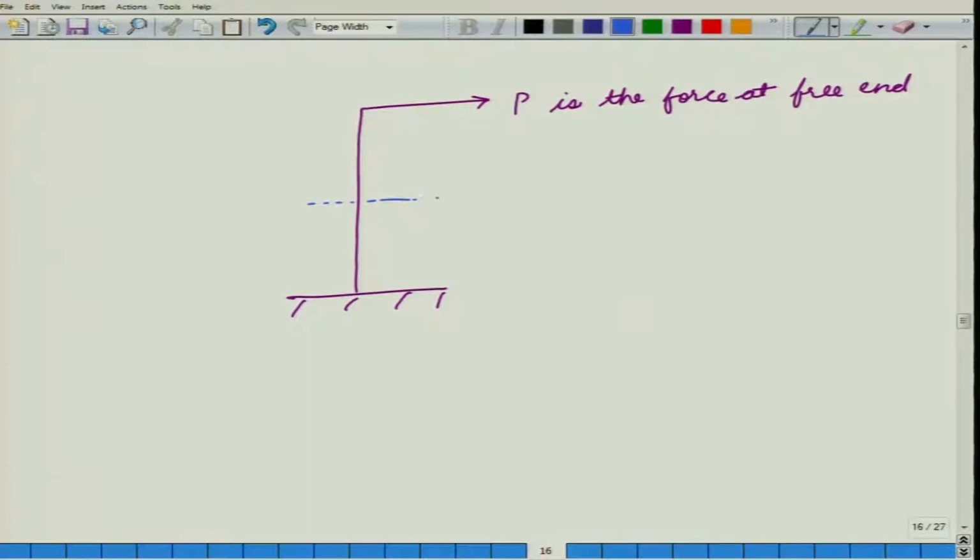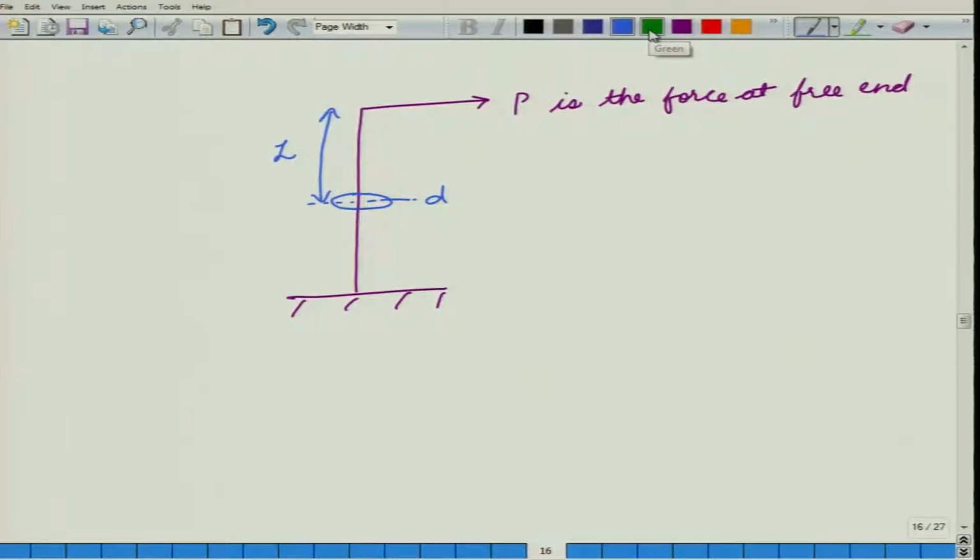Here the diameter is d and this point is at a length L from the top. Suppose this is the cross section. So, L is the distance of this cross section from the point of application of force, and d is the diameter of the beam at this point.